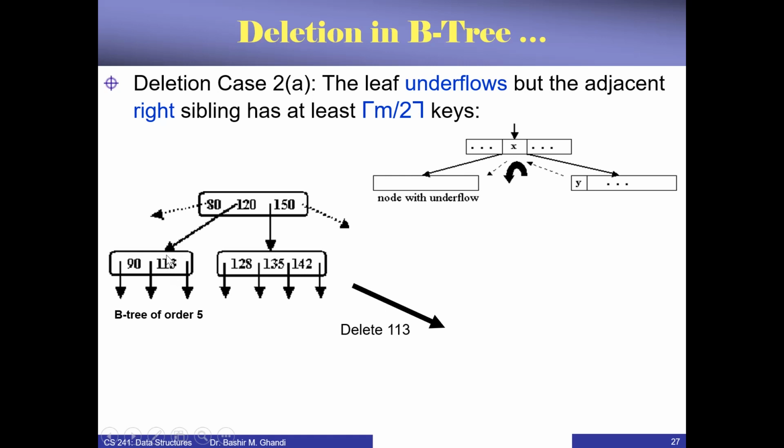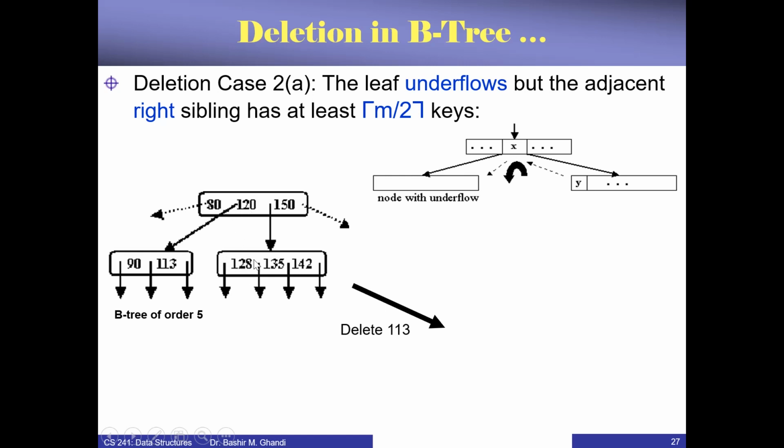However, deleting the 113 in this case will make this node underflow, because it will have only 1 key left. So this cannot be done directly as in case 1. However, if you look at its right sibling, they share a parent. These two nodes share 120 as their common parent.